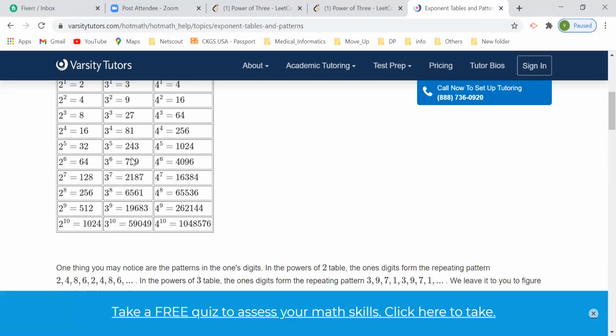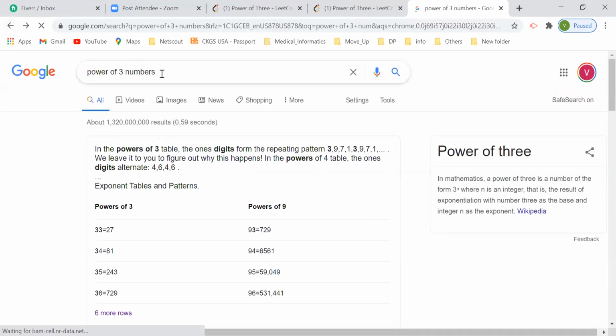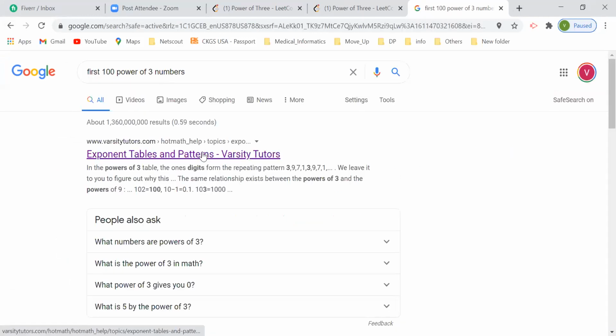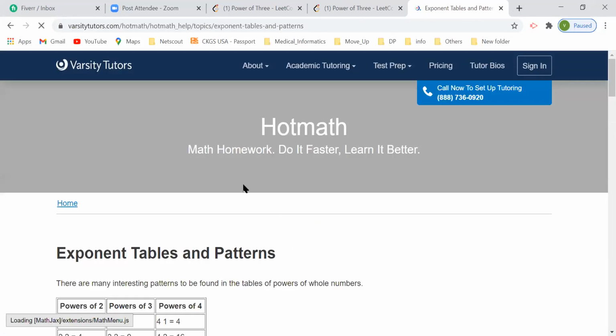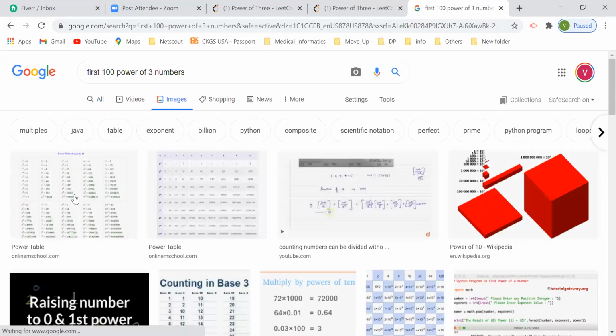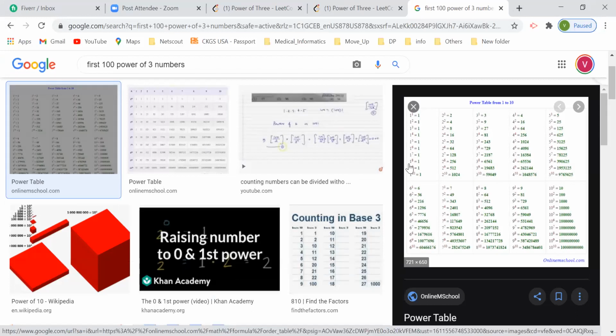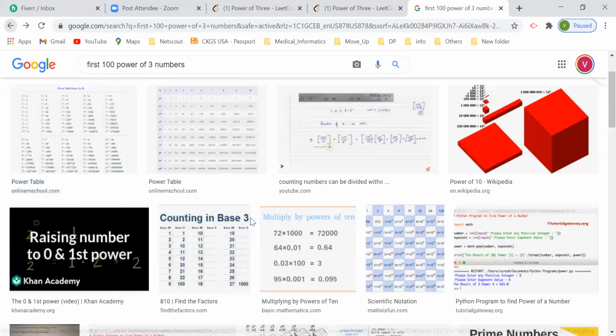So 3, 9, 27, 3, 9, it is repeating, right? It's ending with 3, 9. Is it always returning?